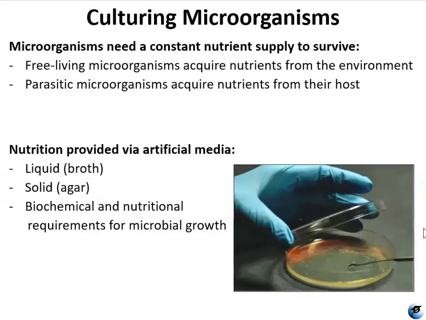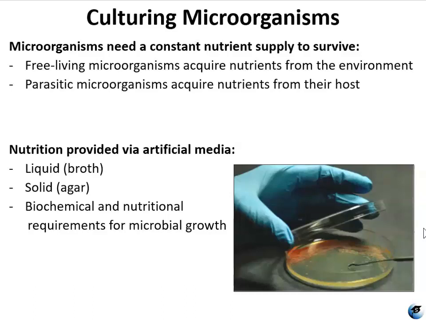Microbes are going to need a constant nutrient supply in order to grow in the lab. So if you are running out of nutrients in the media, or if the temperature changes suddenly or anything like that, your microbes can die out. In nature, they would be getting their nutrients and everything from their environment, but in the lab, you have to provide everything artificially.